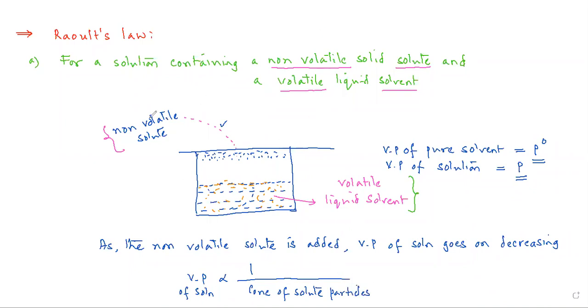As we go on increasing the non-volatile solute, vapor pressure goes on decreasing because the solute is non-volatile. Vapor pressure goes on decreasing. Now, let me explain it in detail.